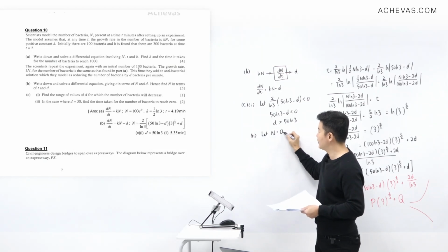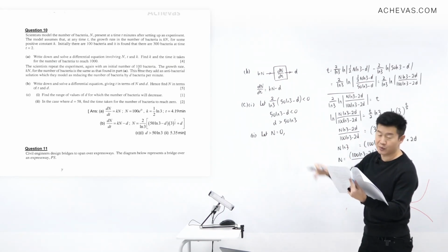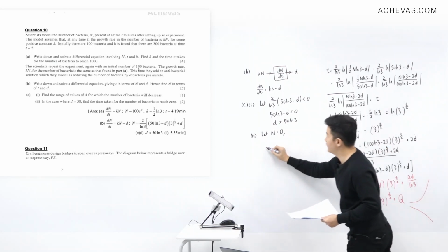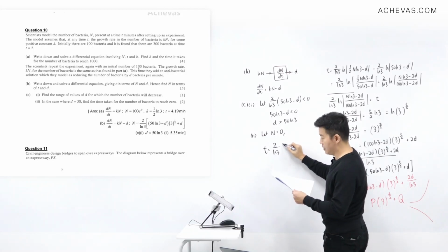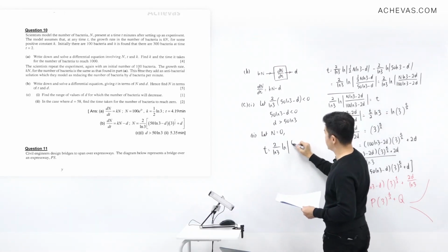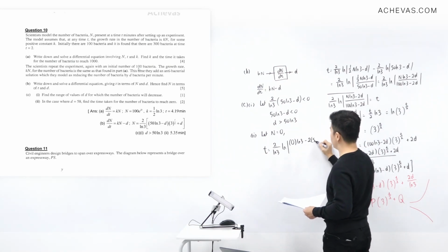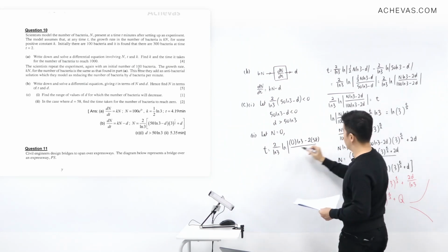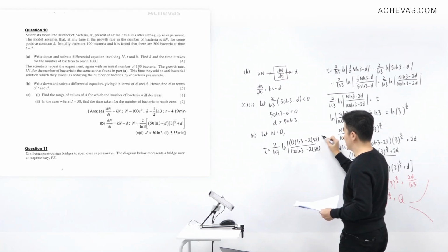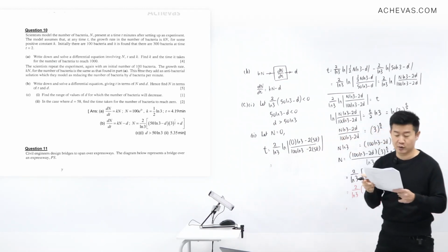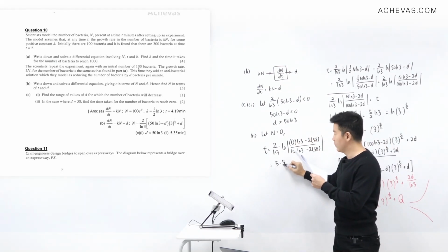By letting n equal 0, and d equal 58, we will have t equal to, making use of this, 2 over ln 3 times ln of the modulus of 0 multiplied by ln 3 minus 2 times 58, divided by 100 ln 3 minus 2 times 58. Modulus of this, if I press this into the calculator, taking into account the modulus, is equal to 5.35.